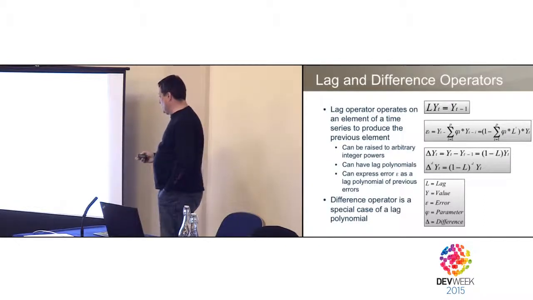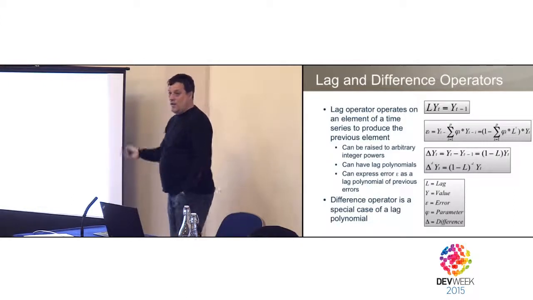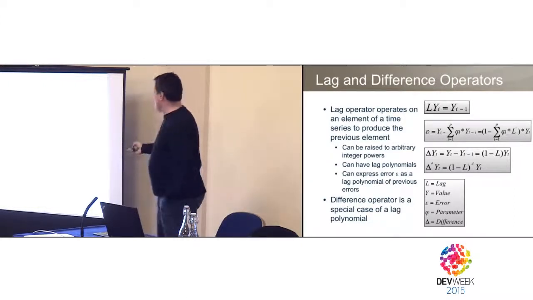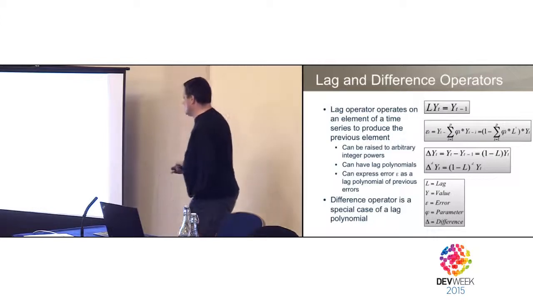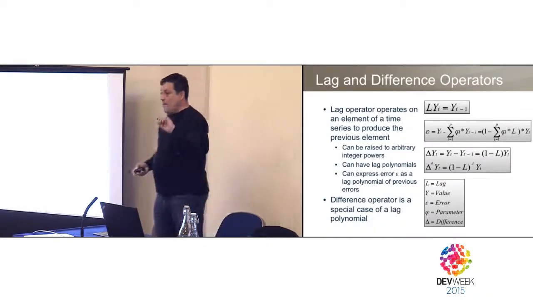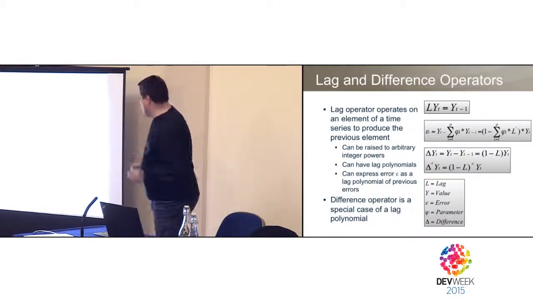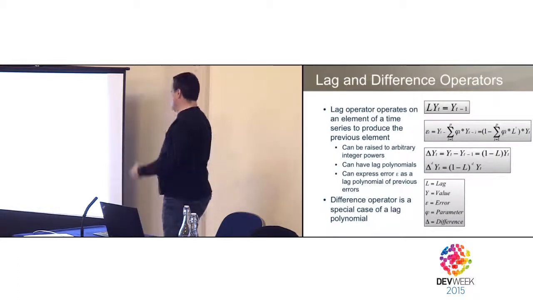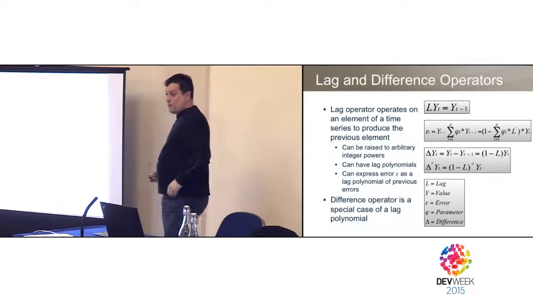Now we can use more time points from the past, so we get lag exponents, a lag polynomial, so we can raise this to arbitrary integer powers. And remember that we also have some noise or error. So we can also express errors as lag polynomials of previous errors. We can have a similar definition also for errors, right?